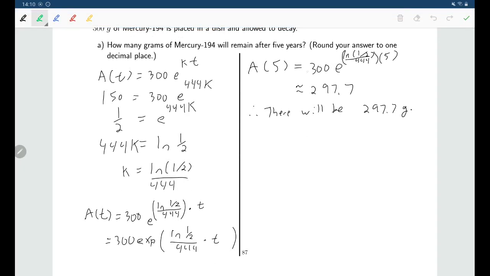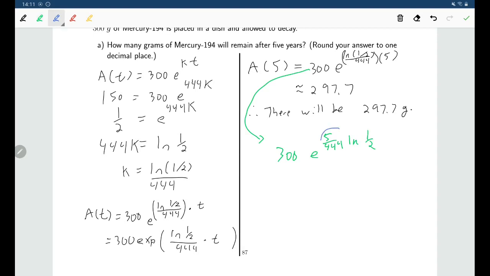The other thing that I wanted to mention here was about the evaluating. You could put this through the calculator as is, 300 times e to a power, but you could do a little bit of simplifying first if you wanted to. So the natural log of a half divided by 444 times 5, I could really think of the divided by 444 and times 5 as the fraction 5 over 444, and it's being multiplied by that natural log of a half.